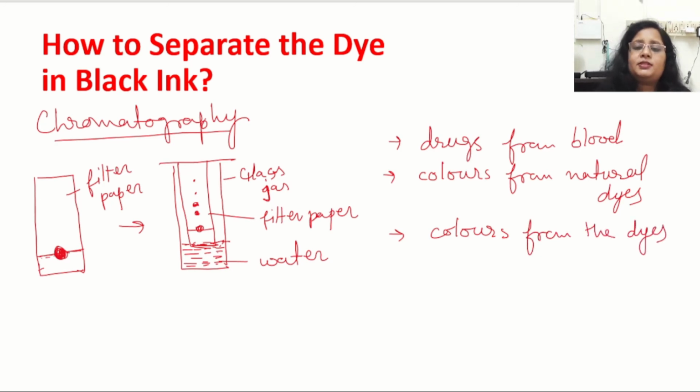So in these places we can use the chromatography method, and the point we are going to note here is the solubility of different colors: the more soluble will rise high, and the less soluble will come up only nearby or at the lower level of the filter paper.